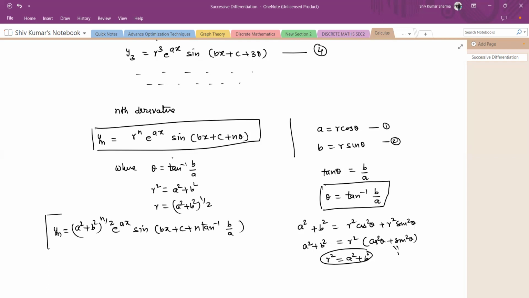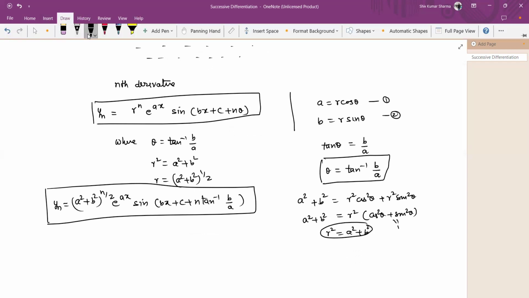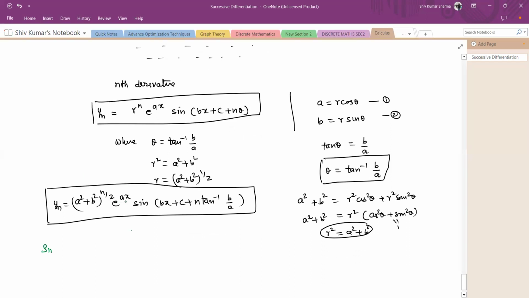So this is our nth derivative of e raised to the power ax sine bx plus c. Similarly, you can write it down for cos bx plus c, in a similar fashion.